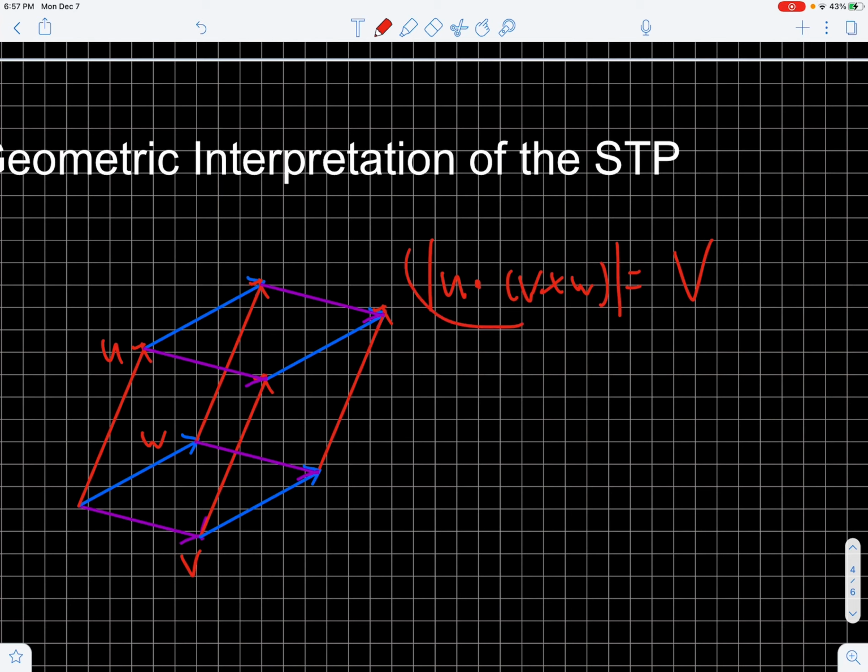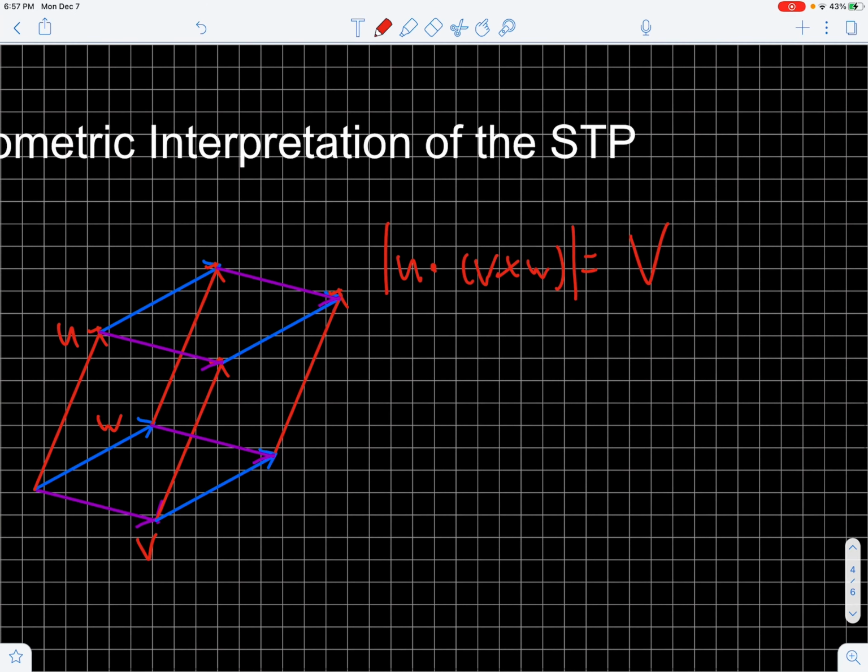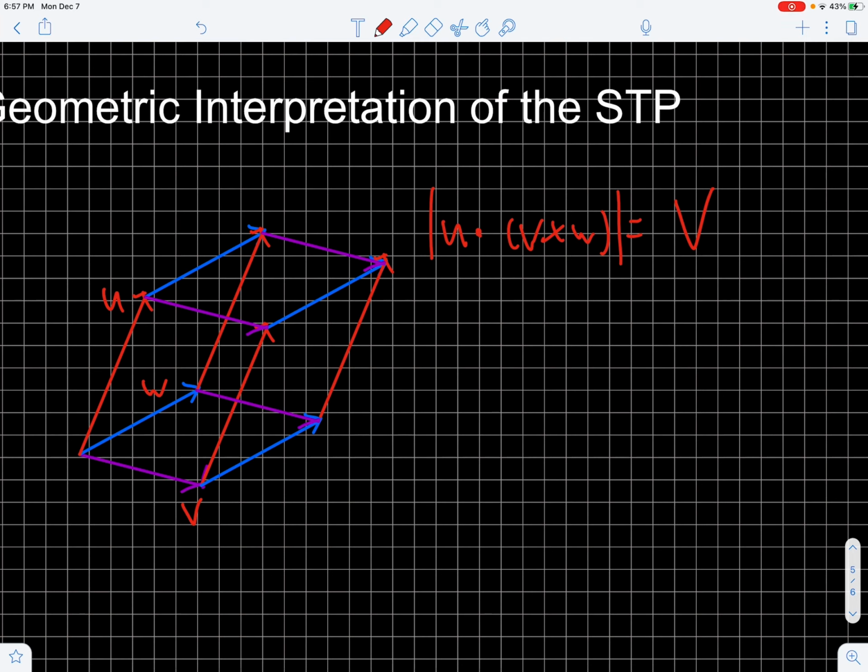But what if this is 0? What if our scalar triple product is 0? Well, how can the volume of a parallelepiped be 0? How is that possible? Well, the only way that the volume of this thing can be 0 is if our vectors all lie in the same plane. Right?